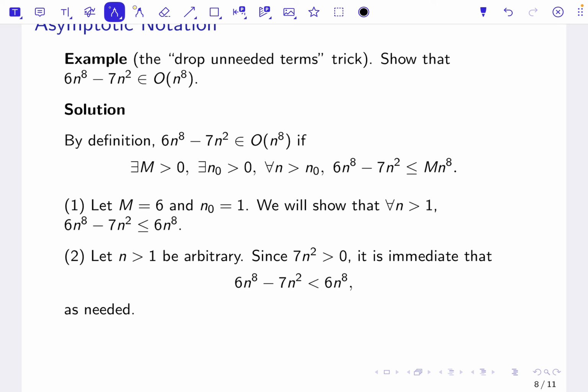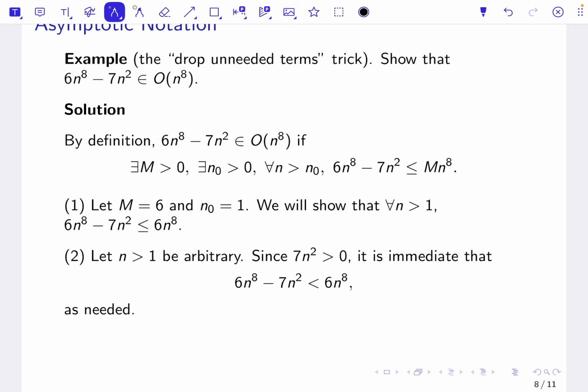This is another example of inequalities occasionally making things really easy, and how you can sometimes just choose to drop parts of an expression that you don't want to have.